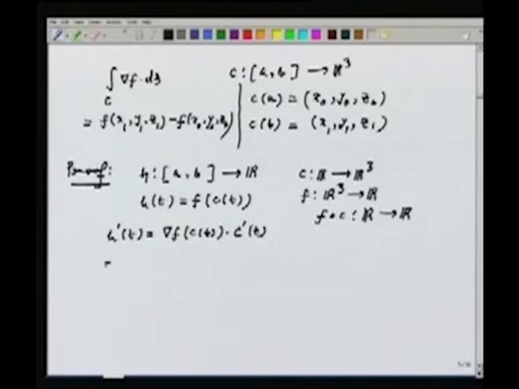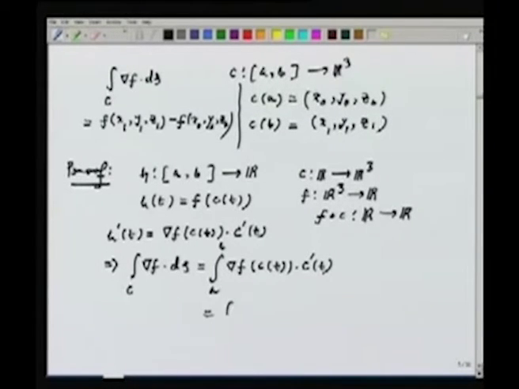This implies that the integral over c of grad f dot ds is nothing but, by definition, the integral from a to b of grad f at c(t) dot c'(t), which equals the integral from a to b of h'(t) dt. And now I can use the fundamental theorem of calculus to get that this is h(b) minus h(a).